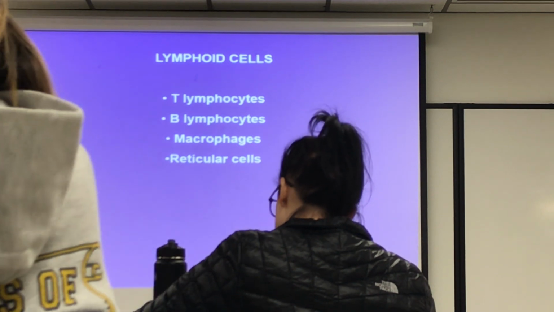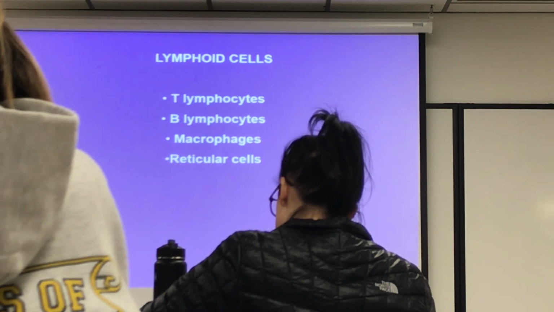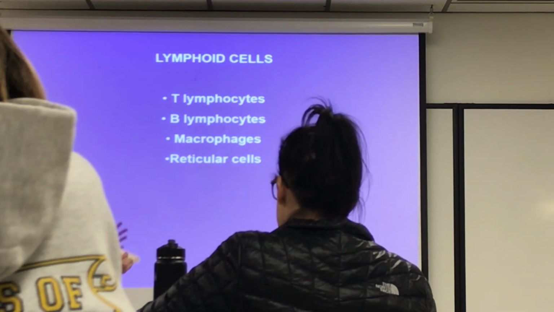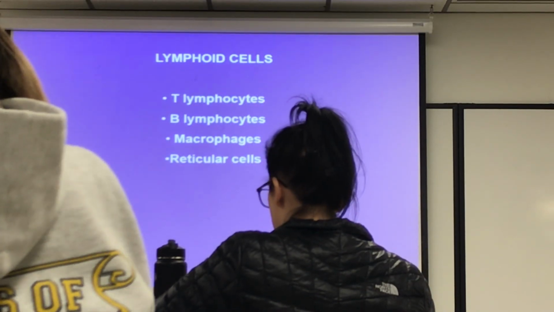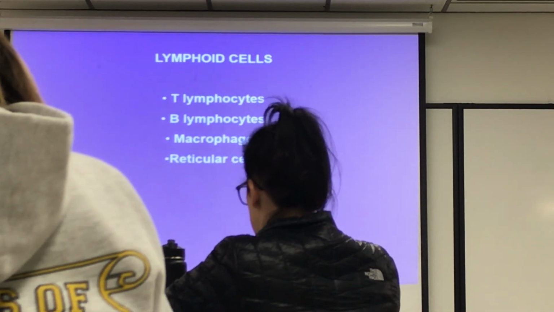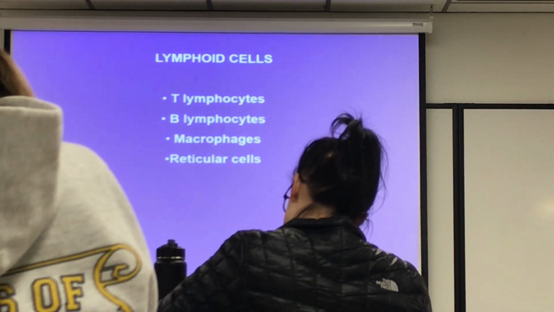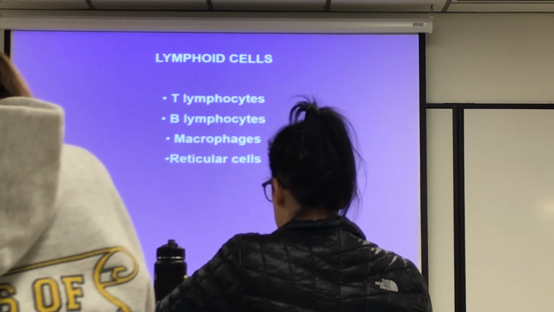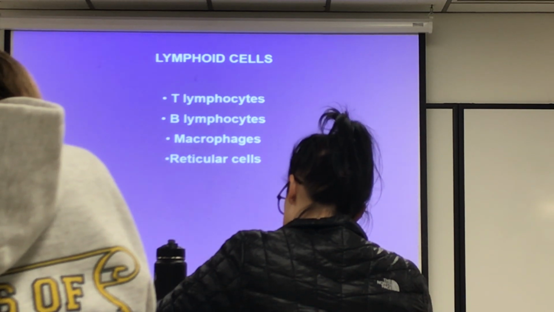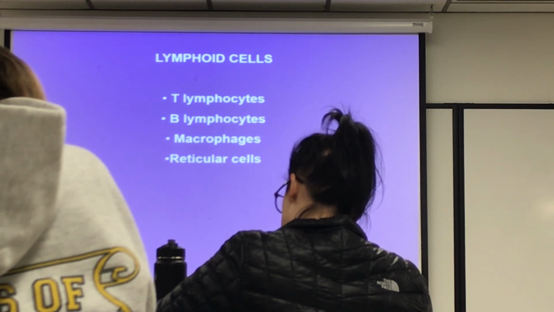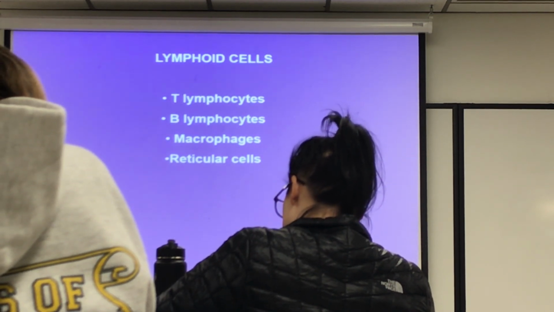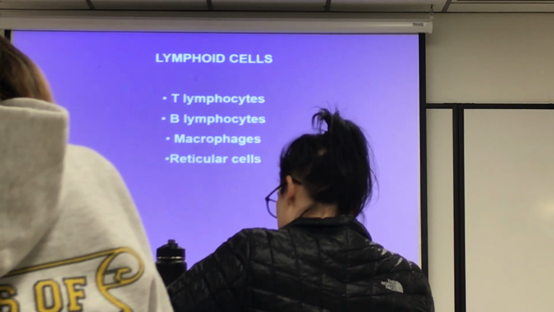They become plasma cells as they're making the antibodies. They increase their amount of cytoplasm so they can have increased rough ER and Golgi apparatus. So their specific functions we'll talk about on Thursday, as they provide cell-mediated immunity and humoral immunity. Why do you think we have macrophages in there as part of the lymphatic system?